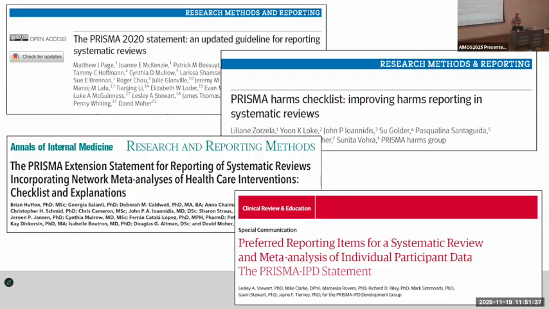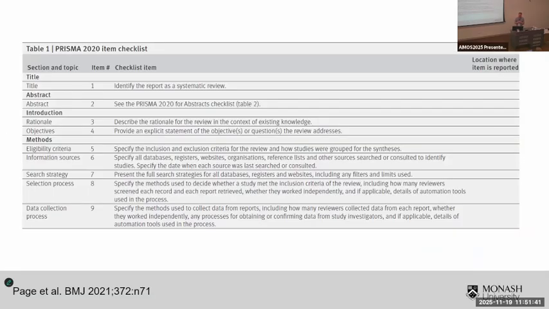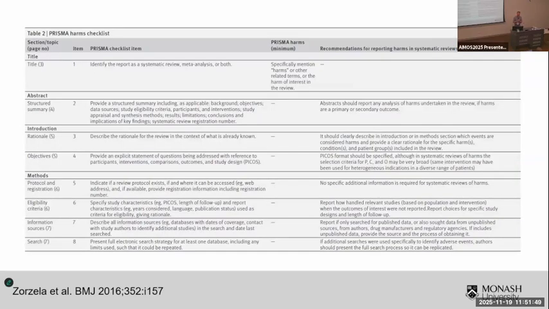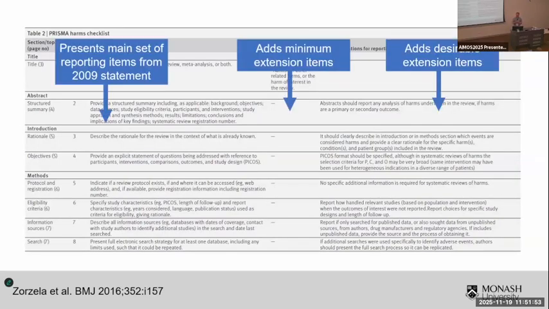What do each of these look like? Well, Prisma 2020 includes the main list of reporting recommendations that we'd updated in 2020. If you look at Prisma harms, you'll see on the left-hand side, there's recommendations from the original 2009 statement, as well as some minimum extension items and some desirable extension items. So it's a bit different in structure to the Prisma 2020.